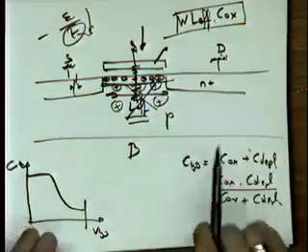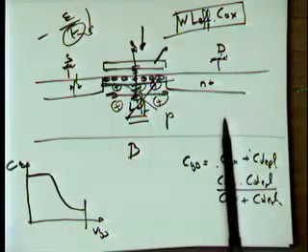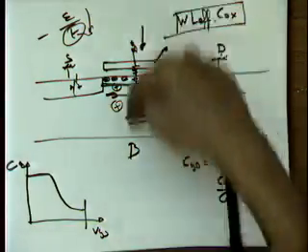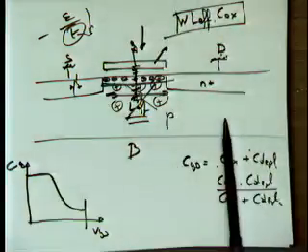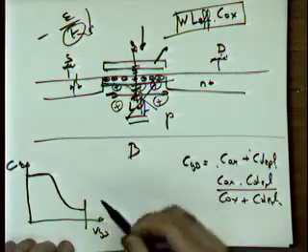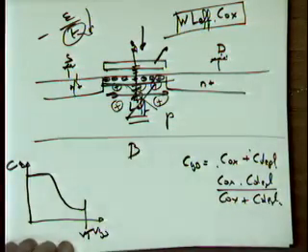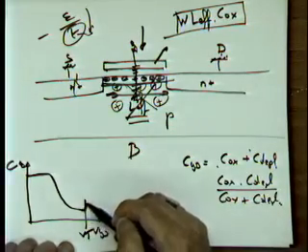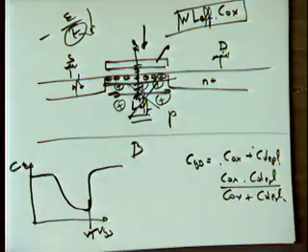From that point on, this whole bulk is shielded away from the gate. The gate doesn't see the bulk anymore because you have a conducting layer underneath your capacitor. So once you reach the threshold voltage of the device, suddenly, bingo, your capacitance jumps back up. The depletion capacitance disappears on me.